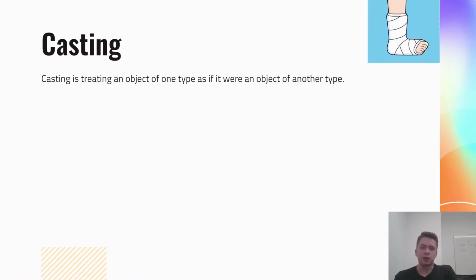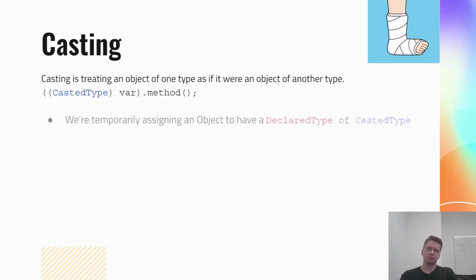Furthermore, we have this notion of casting. Casting is treating an object of one type as if it were an object of another type. As we've seen in some of our inheritance mystery examples, we can cast using the casted type in parentheses, then casting our variable of another type, and then attempting to call a method on that casted variable.